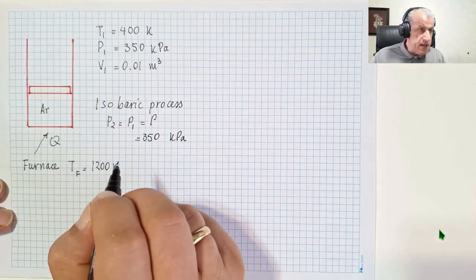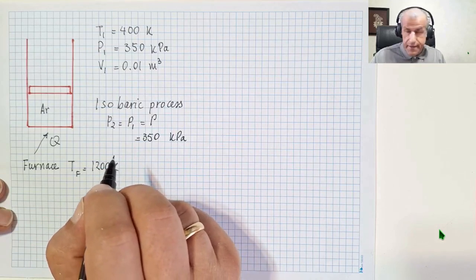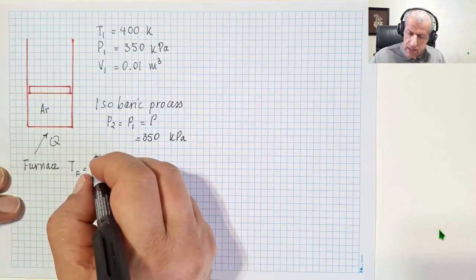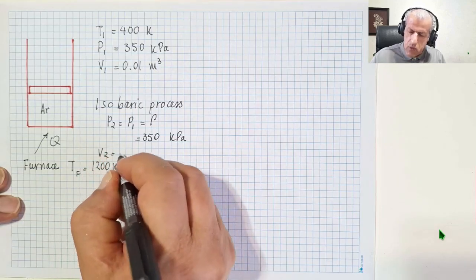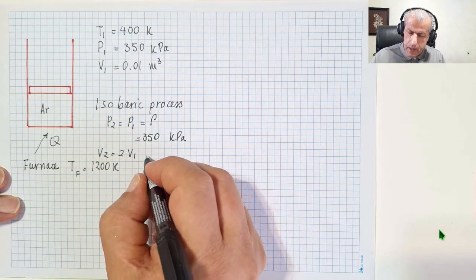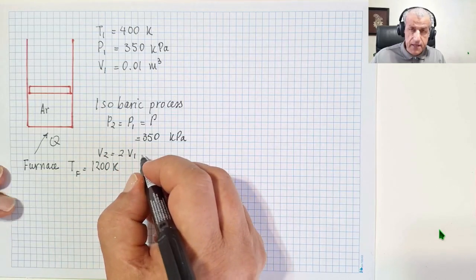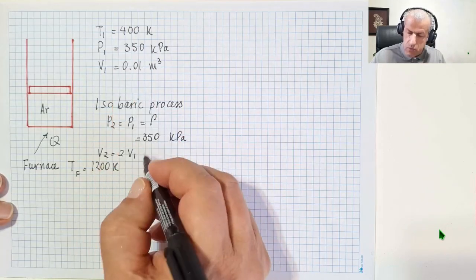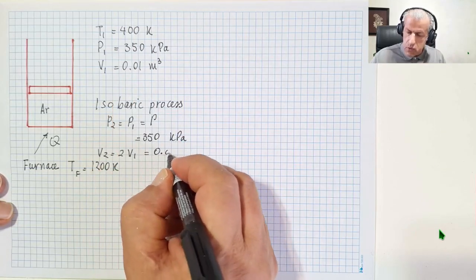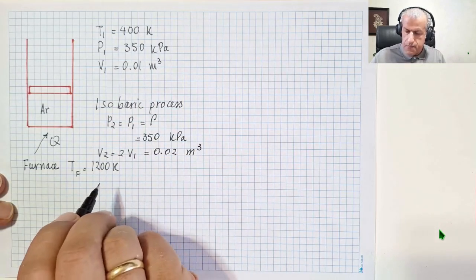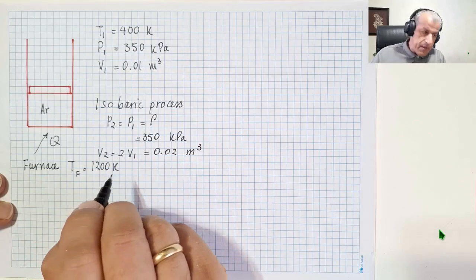Now, the final condition, as the heat transfer continues: V2 equals twice V1. That's the final condition. V2 equals twice V1, which would be 0.02 cubic meters.